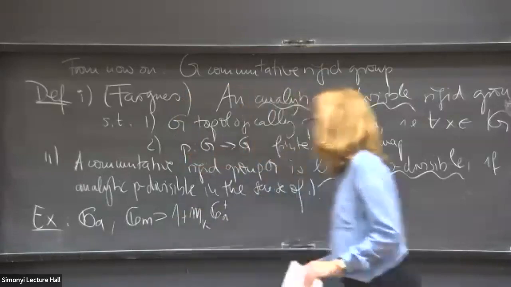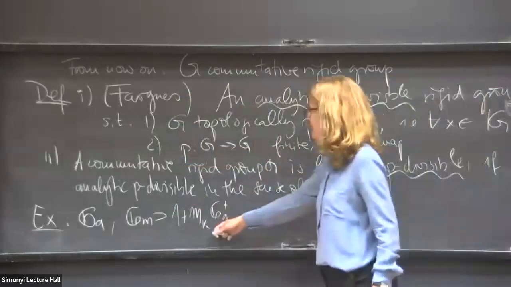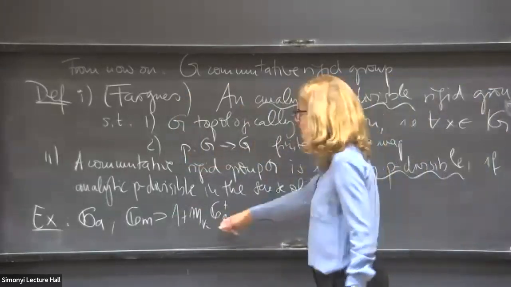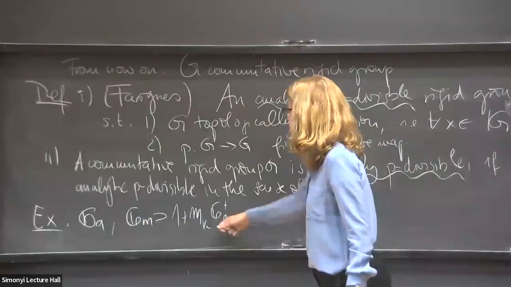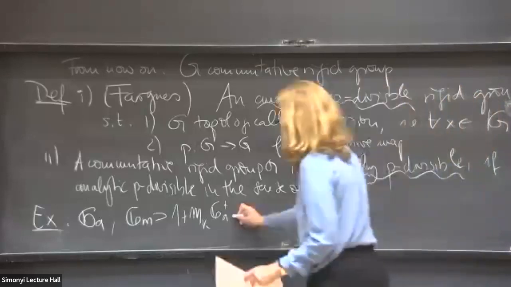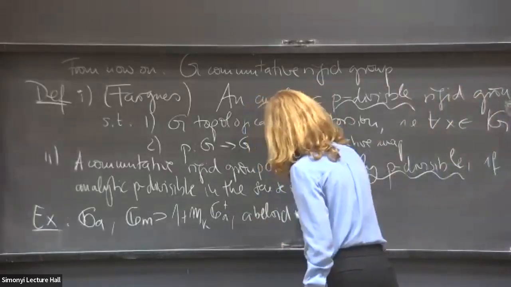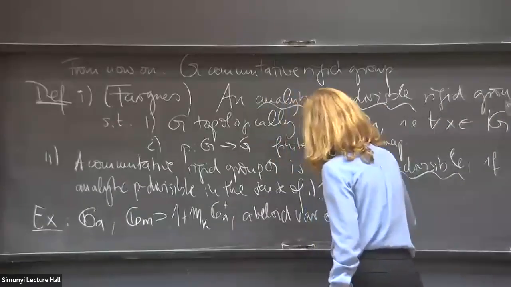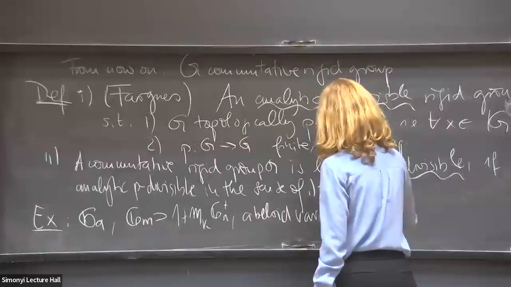So this is the group which reduces to 1. These guys, this is a topologically p-torsion subgroup in this group, which has the property that the p multiplication is finite and surjective. So these are nice, and also abelian varieties are, in the sense of 2, locally p-divisible.